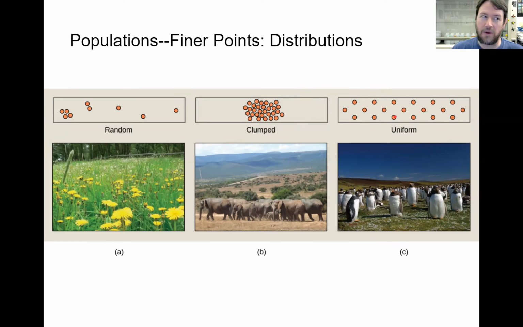And that tends to happen when there are territorial behaviors that cause this. So competition for resources and maybe some displays or vocalizations that say, hey, this is my spot, you go find your own spot. For this uniform distribution, those are individuals that really need their personal space, like these penguins here. Okay, but again, we could find some other examples of that.